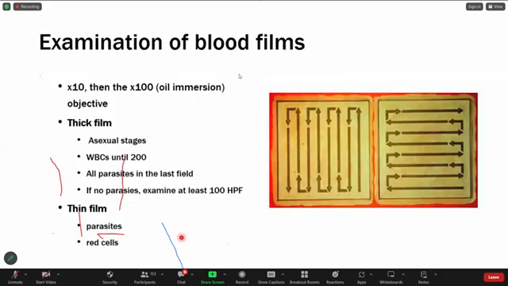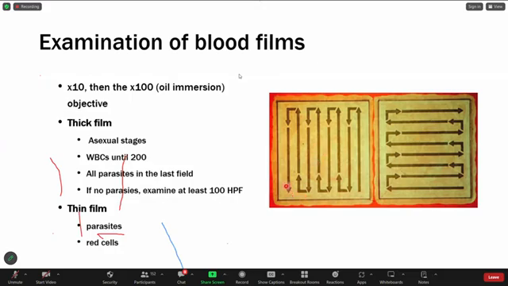Now let us go to examination. When we are examining under the microscope, we start with the times 10 objective to see the distribution of the cells. Then we shall go to the times 100, also called the oil immersion objective, for the examination. This picture here on the right is the longitudinal method of examining.